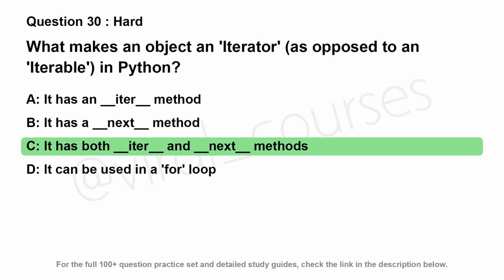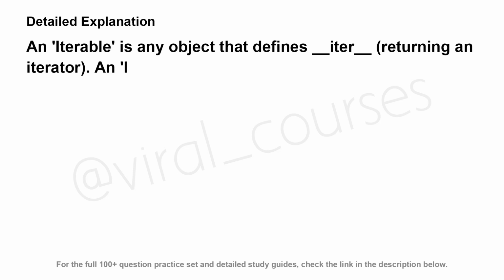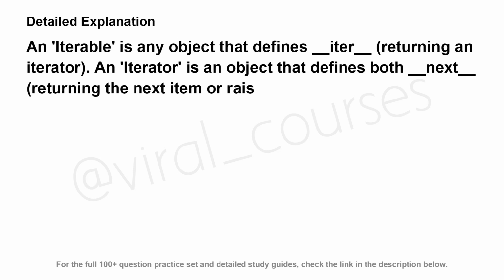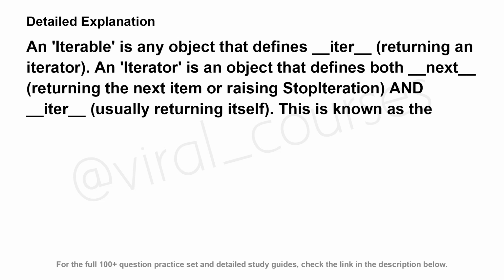The correct answer is C. An iterable is any object that defines __iter__, returning an iterator. An iterator is an object that defines both __next__, returning the next item or raising StopIteration, and __iter__, usually returning itself.